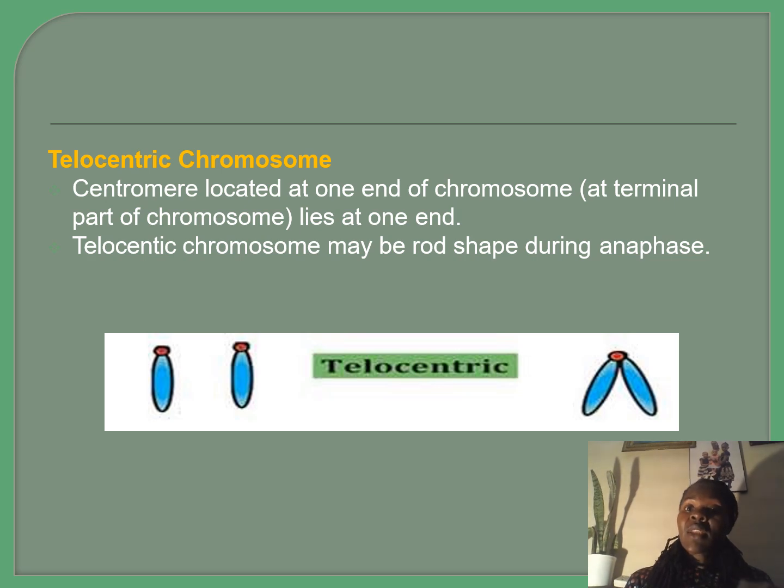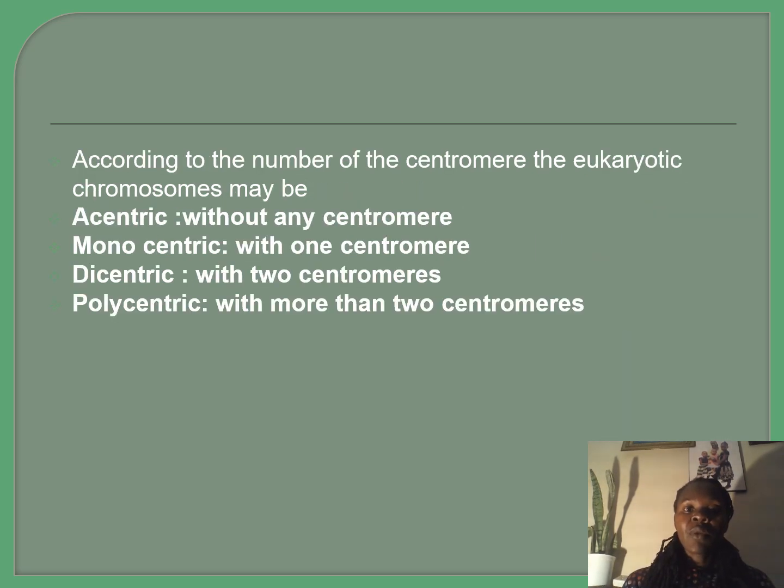So it is located at the terminal end of the chromosome, and it will give a rod-shaped chromosome during anaphase. So the position of the centromere is at the ends, at the telomeres. So we know it as the telocentric chromosome.